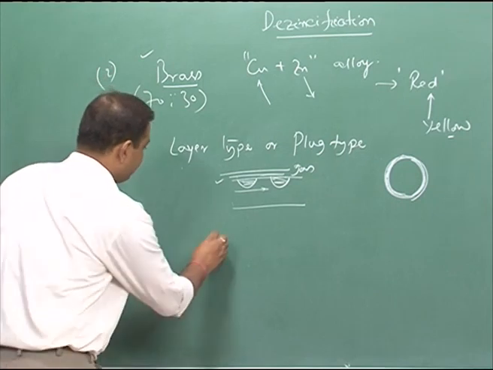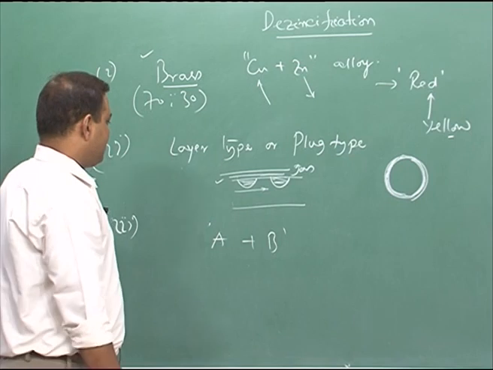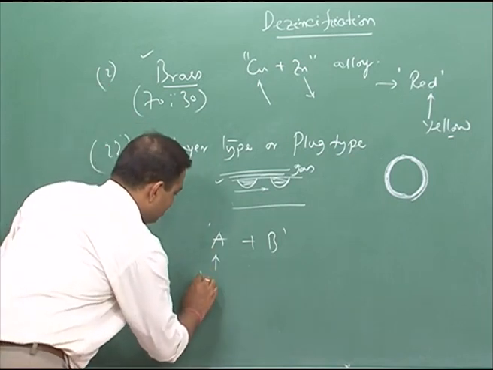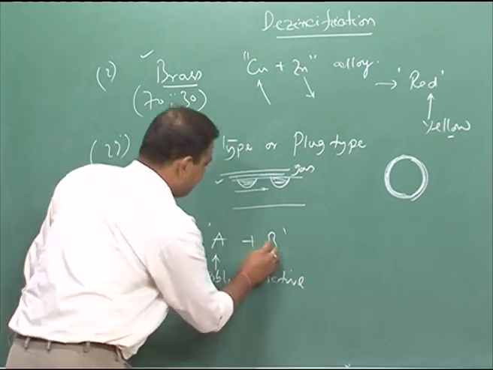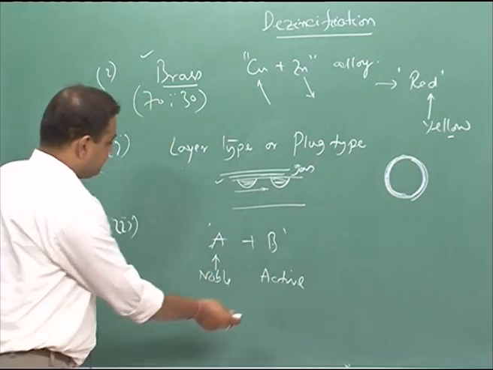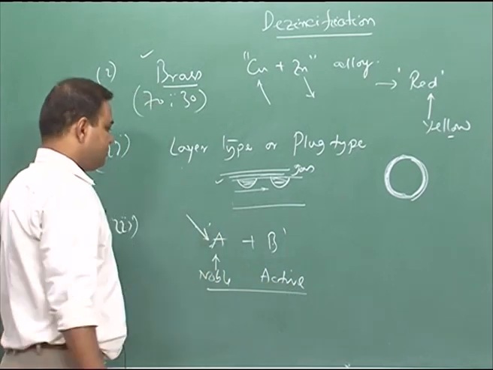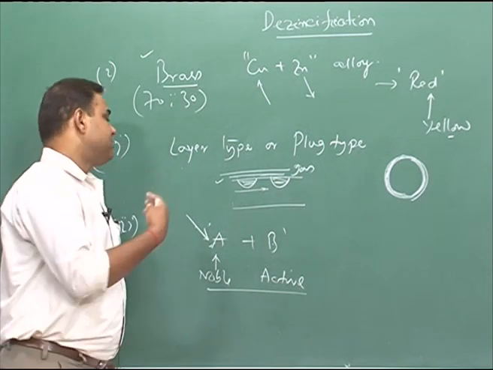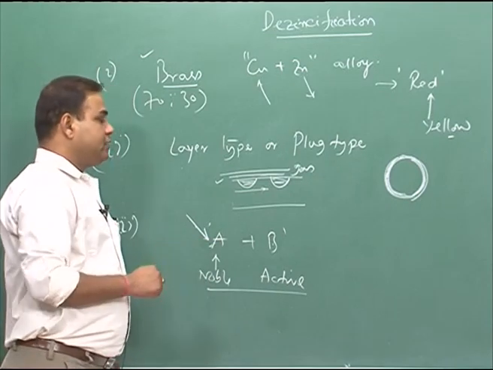Now, whenever we have, let us say, A and B, these two elements constituting a particular alloy, and if A is noble and B is active in comparison to these two metals, then if the alloy is enriched with element A, we generally see that the corrosion resistance of that alloy increases.